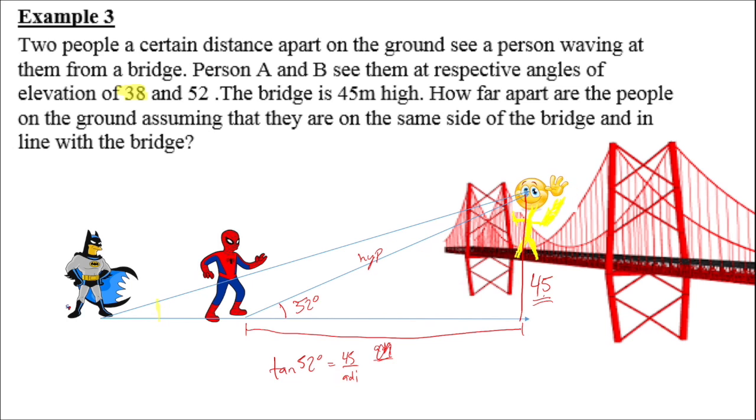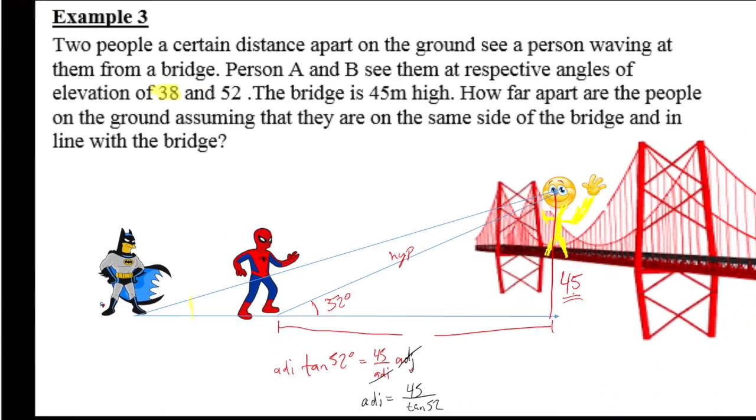Multiply both sides by adjacent, so we cross that out, and then divide by tan of 52. So ADJ equals 45 over tan of 52.